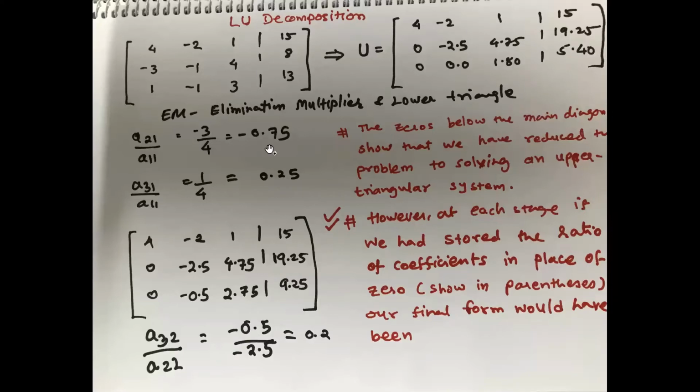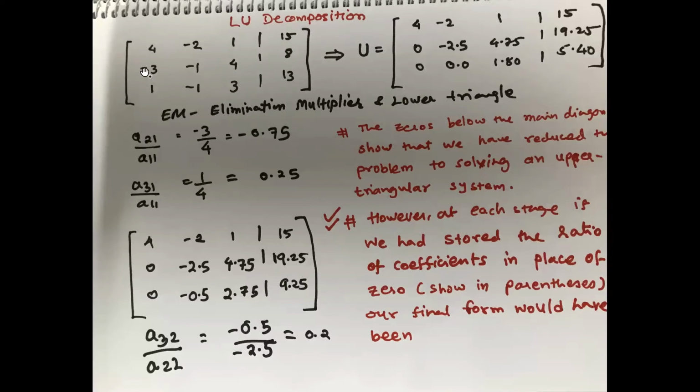But what is the elimination multiplier? What multiplier have we used to multiply with the first row and deduct from the second and third rows? The coefficient is A21 by A11.